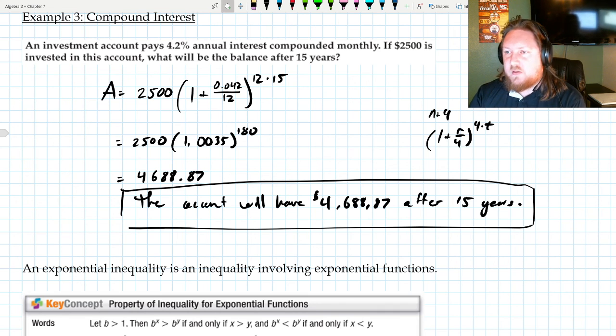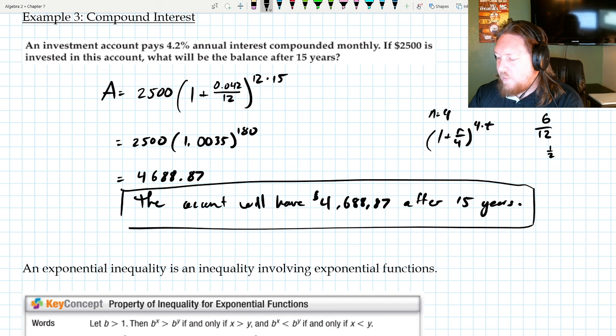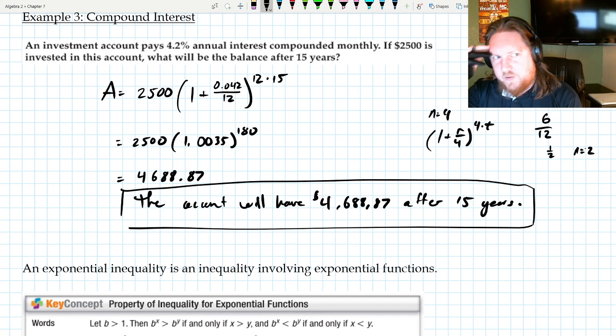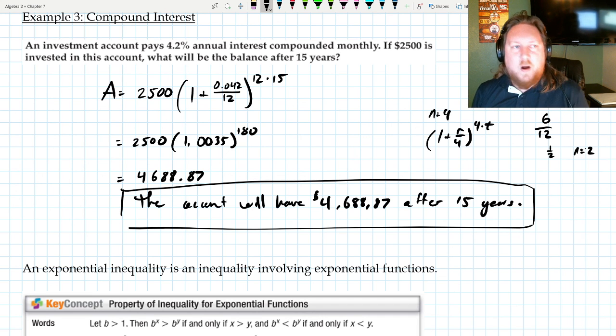If it's semi-annually, that's every 6 months of the 12 months in a year, so n equals 2, because it would only be compounded twice a year. You just have to do a little bit of figuring out of how often it's compounded.